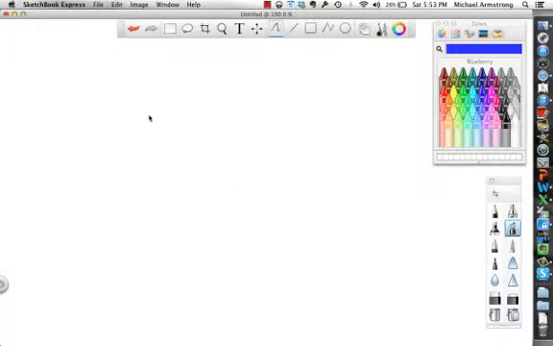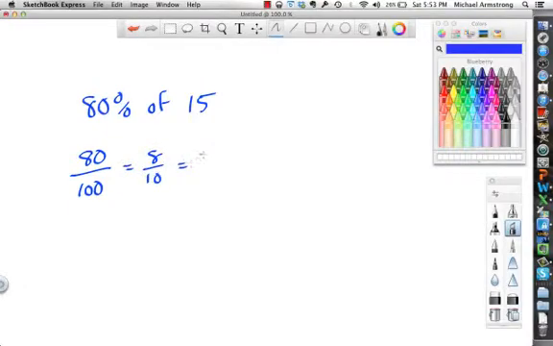There's another example that they put in the book, 80% of 15, okay? And they wrote down 80% as 80 over 100, but they simplified it as quickly as they could. And let's see, we can divide 80 by 10 and 100 by 10 to get 8 over 10, and that simplifies down to 4 over 5.